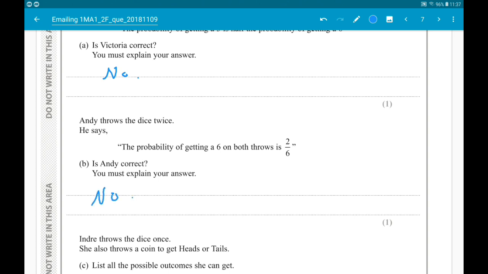When you do an event, say twice here, you don't add the probabilities, you multiply them together. So the probability would actually be 1/6 times 1/6, which would be 1 out of 36.